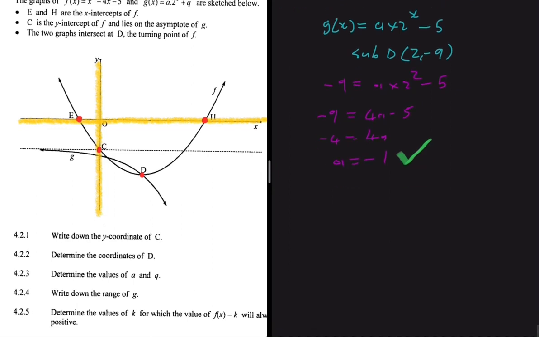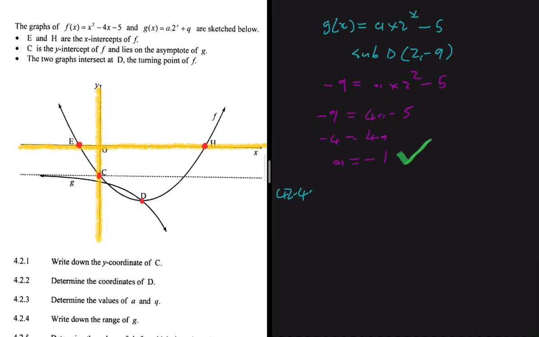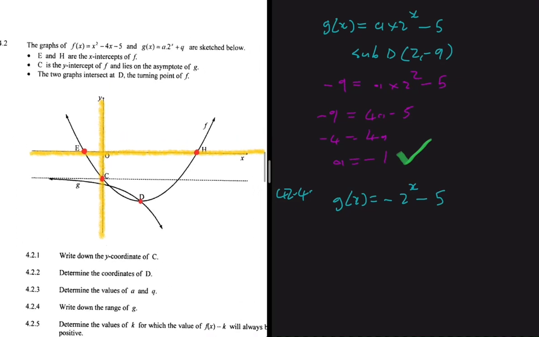Let's do 4.2.4. It says let's write down the range of g, right? So we have g of x equal to minus 2 to the x minus 5, and we're supposed to determine the range of the graph. We can just look at the sketch here, because as you can see, the y values will never be greater than minus 5.